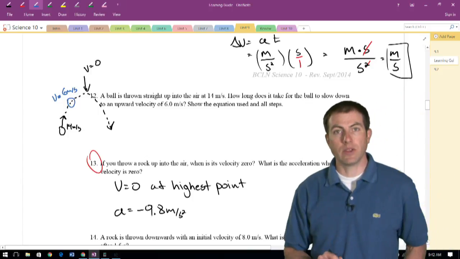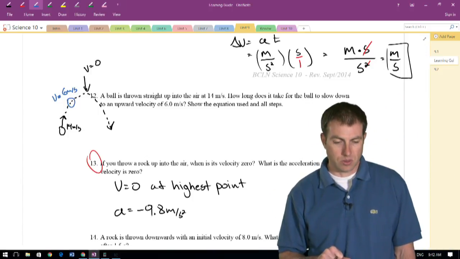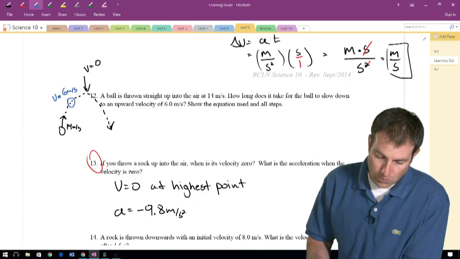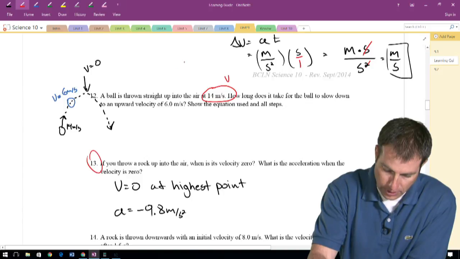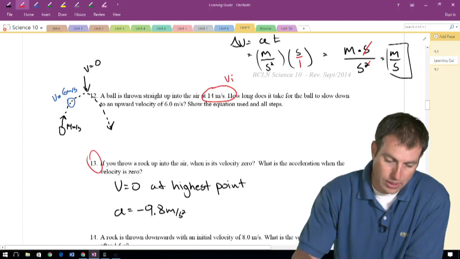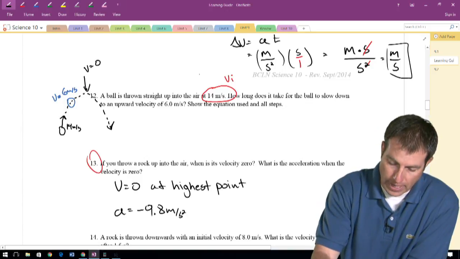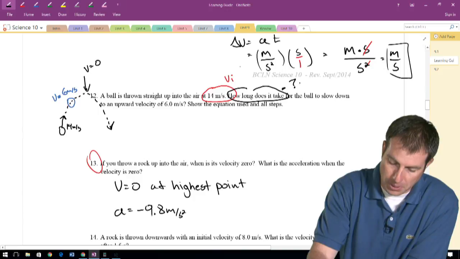If we have another look at the question, we can start identifying the variables. This 14 meters per second is how fast it leaves our hands, so that's going to be your initial velocity. The question's asking how long does it take, so we're trying to find time.